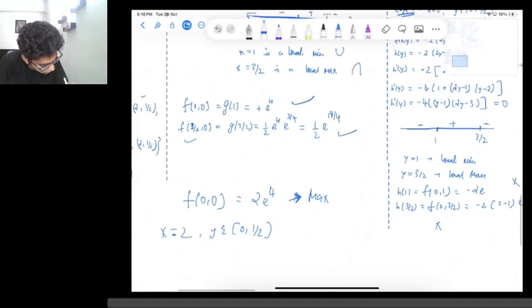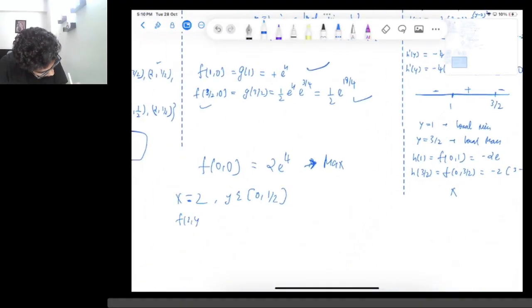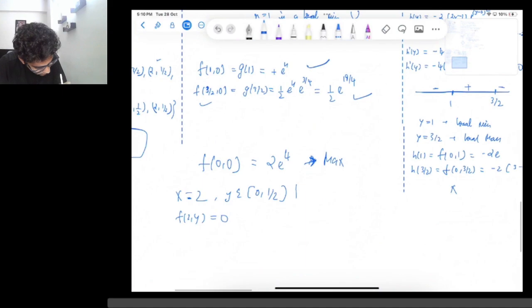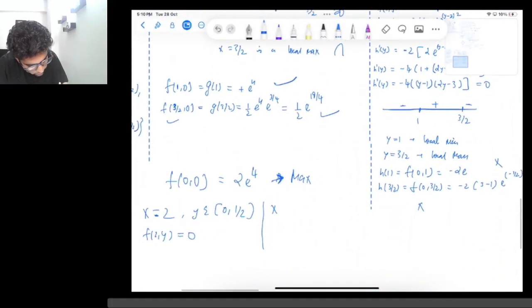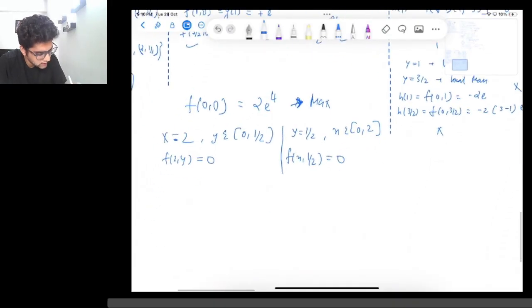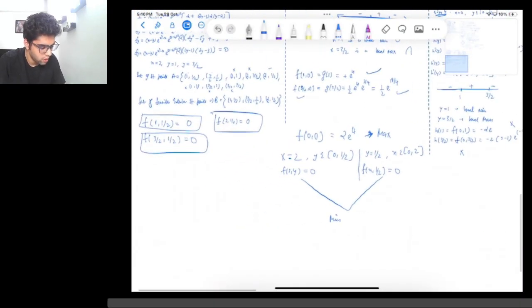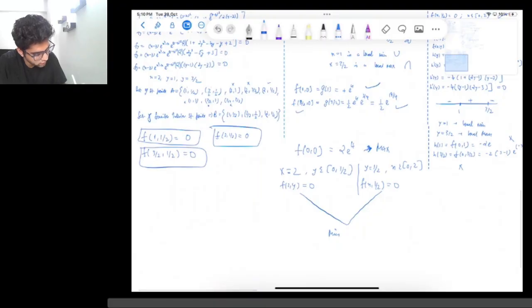I get f of 2 comma y as 0, and when my y is equal to half, and my x is varying between 0 and 2, I again get f of x comma half, which is equal to 0. So this set of points is my min. Or I can also say that these points also comprise my min.